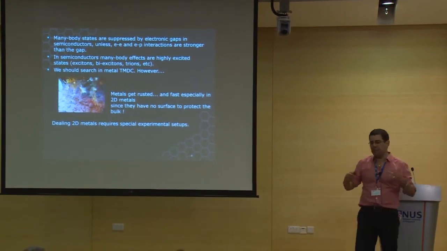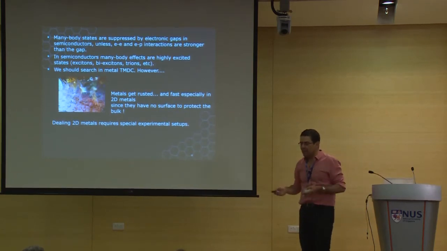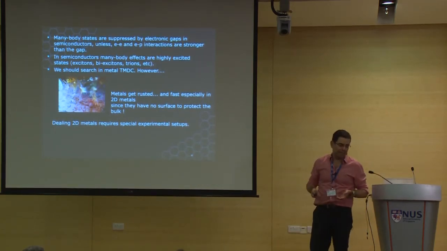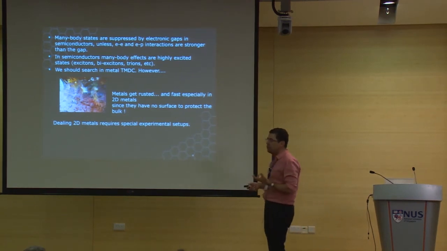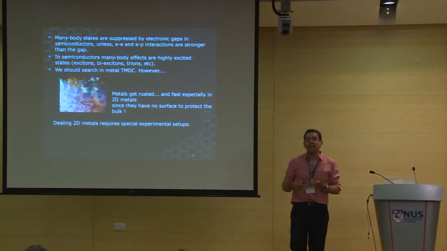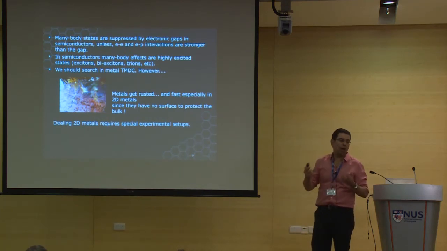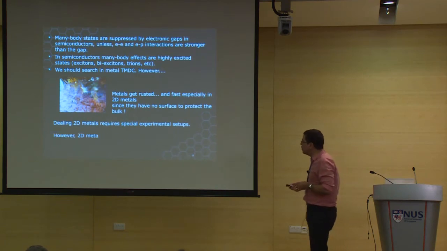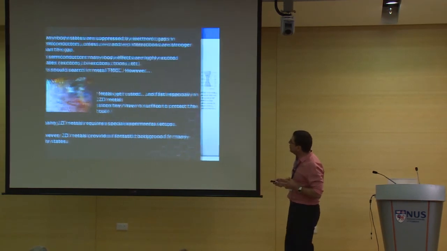You have to do experiments in glove boxes under argon atmosphere and stuff like that. It makes everything much more complicated. But I think it's a very good challenge because it will bring new physics, new ideas and new knowledge to this field of two-dimensional systems. So I want to talk a little bit about that because I find this topic quite exciting.